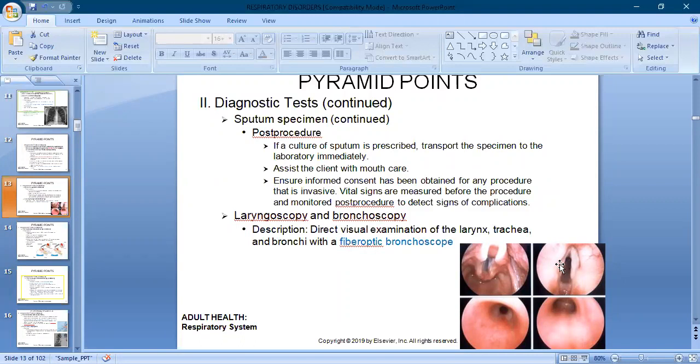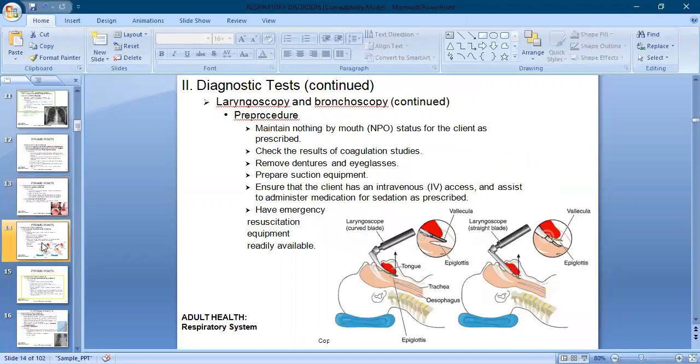So we can see if there is any excess secretion, any kind of congestion, any inflammatory change, or any obstruction. Basically, by laryngoscope or bronchoscope, we see the patency of the airway.